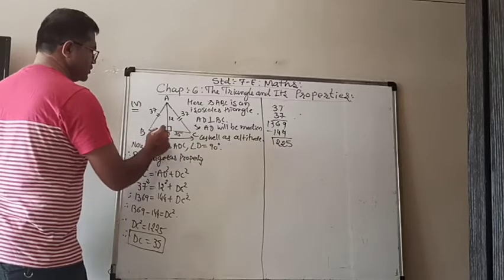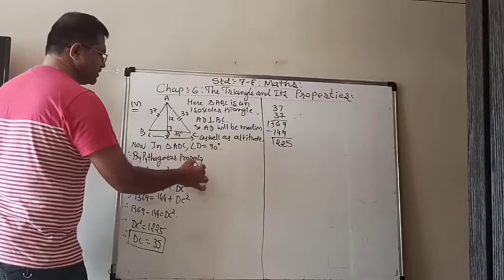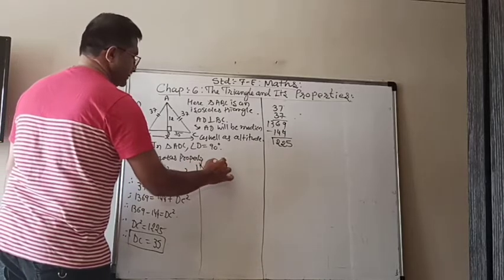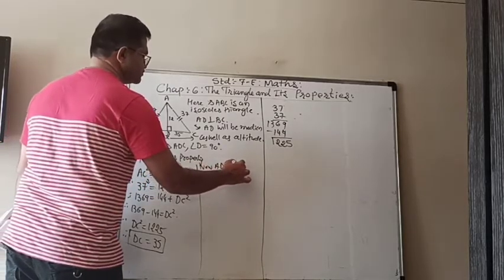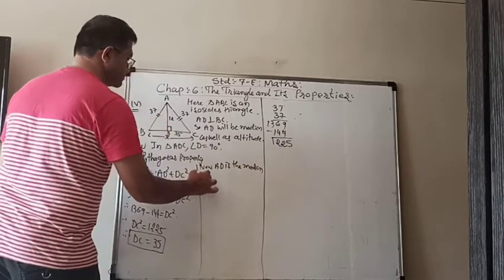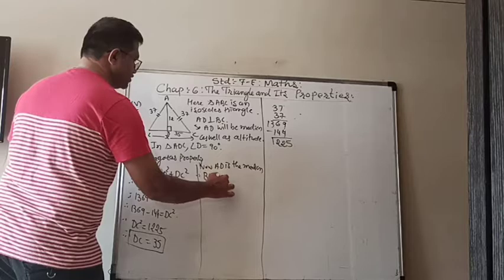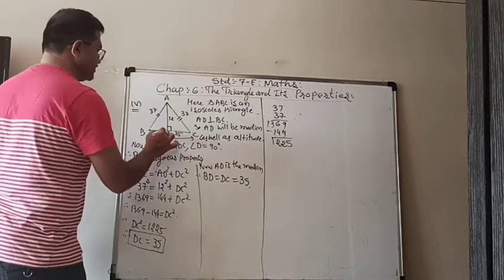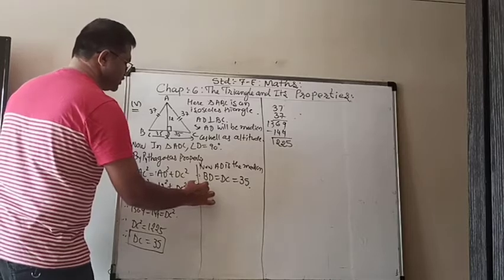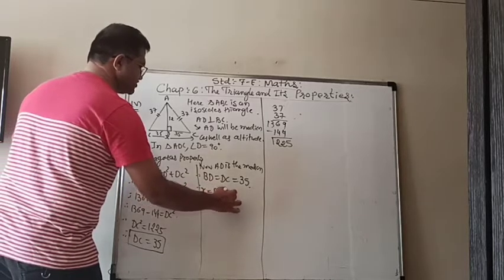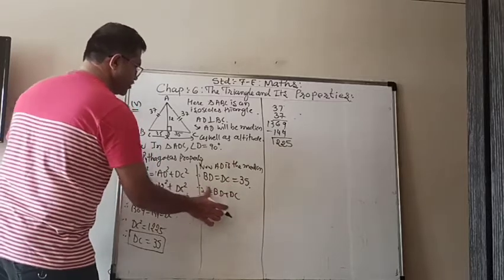But now, as AD is the median, therefore BD is equal to DC is equal to 35. So both will be 35 and 35. So now X is equal to BD plus DC, means the whole BC.